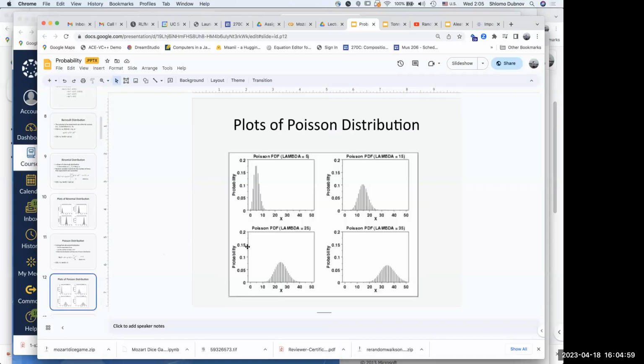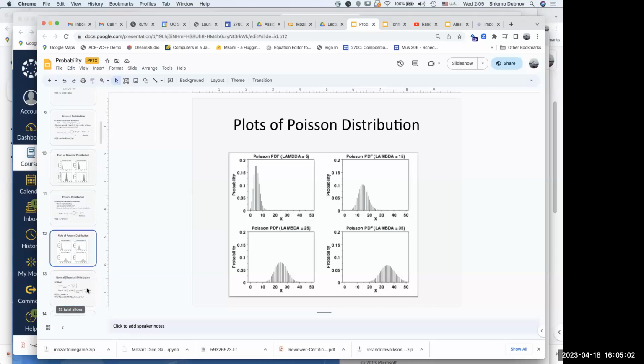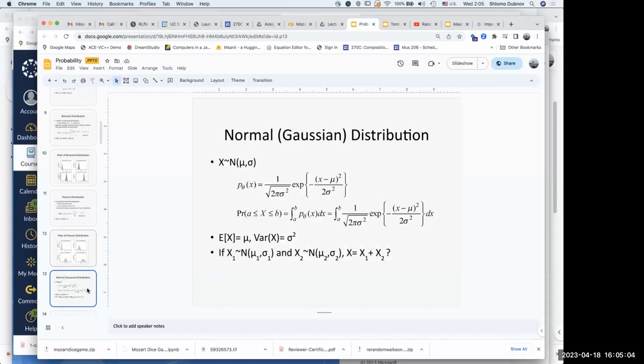These are the classical distributions, and then of course the Gaussian distribution, which has this expression here. The shorthand is X is distributed as a normal distribution, and we use normal and Gaussian interchangeably, with the mean mu and the variance sigma squared.